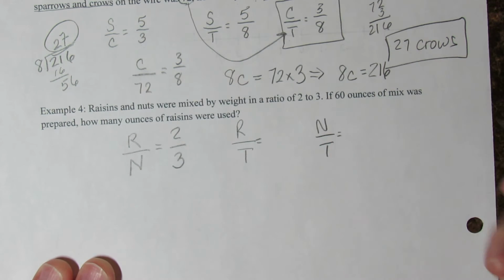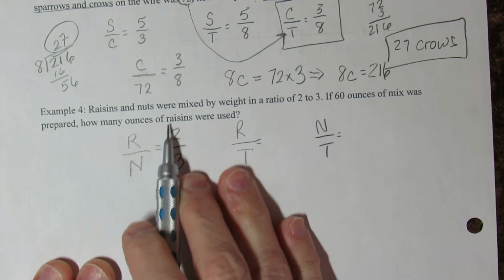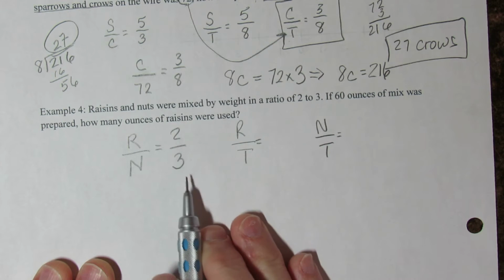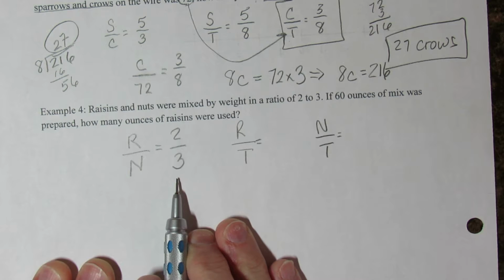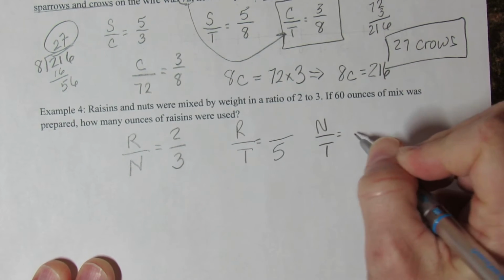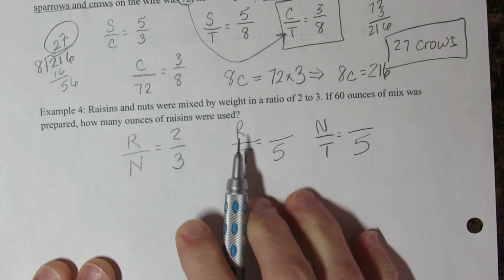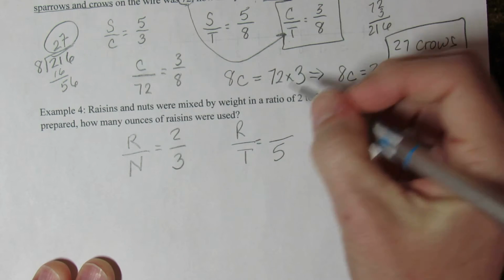Over here you can see that there are 2 pounds or whatever of raisins and 3 pounds of nuts. So that means 5 total pounds. 2 and 3 is 5, so the total is 5. For every 5 pounds total, there are 2 pounds of raisins.